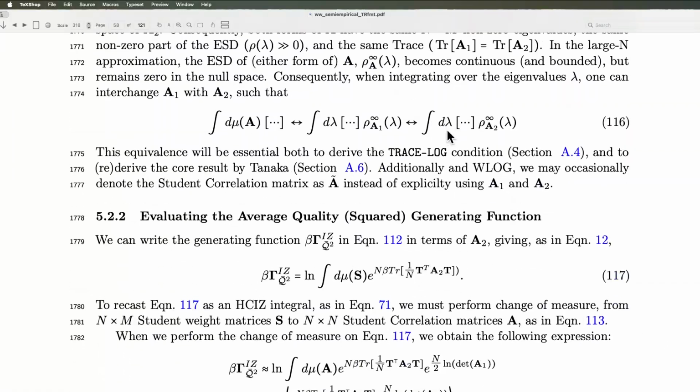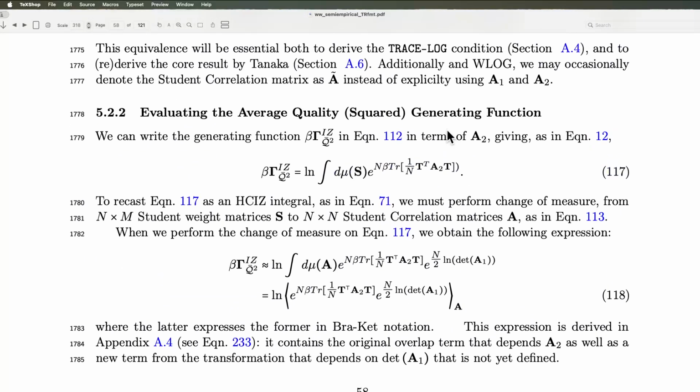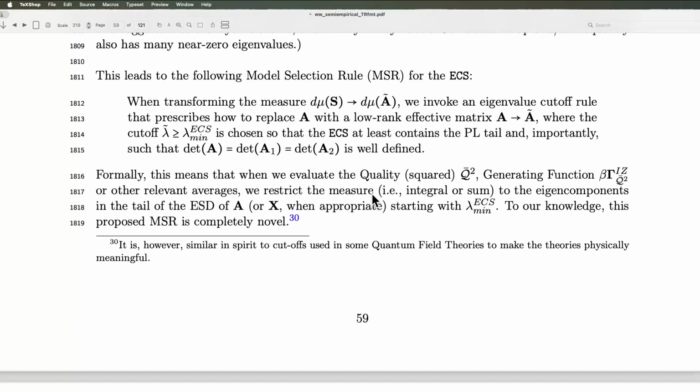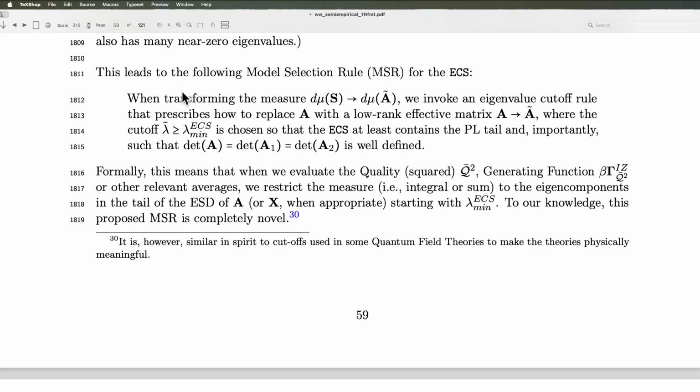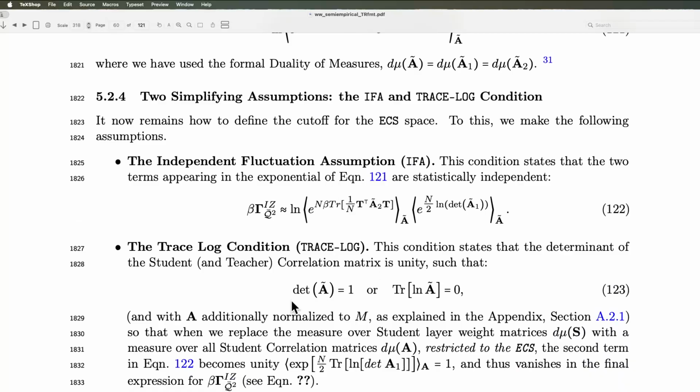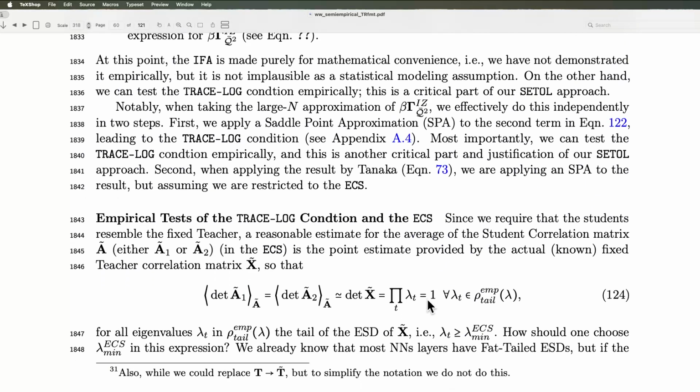You have this HCIZ integral, which takes this form, and you do this change of measure where you go from the weight matrix to the correlations. This change of measure satisfies a volume preserving transformation, so the determinant has to be equal to 1.